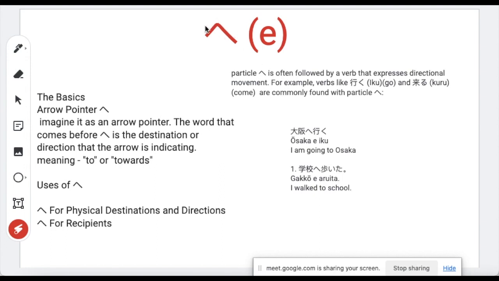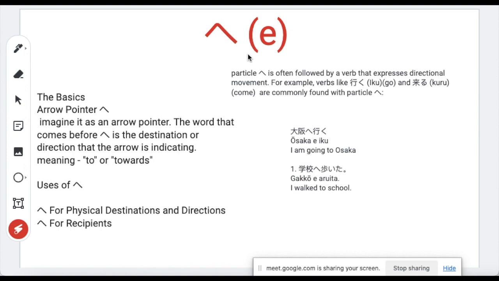Sorry, this is actually the hiragana 'he'. But whenever we use it in a sentence as a particle, we pronounce it 'e', not 'he'.